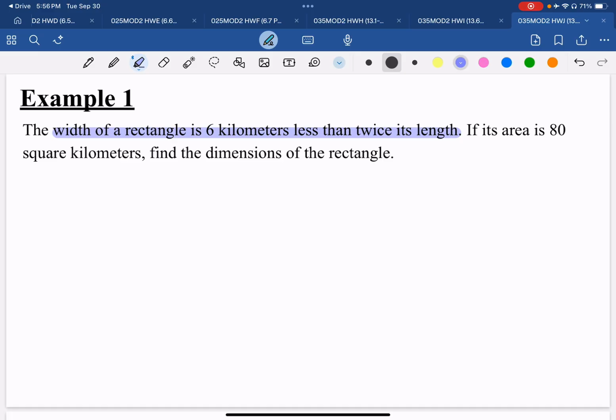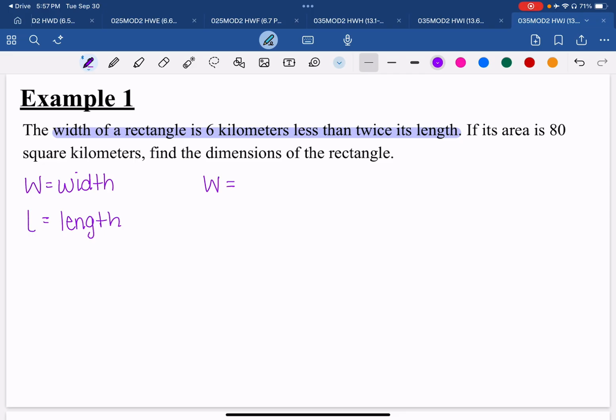Okay, so let's write that out. The width, W is going to be my width. We'll let L be my length.